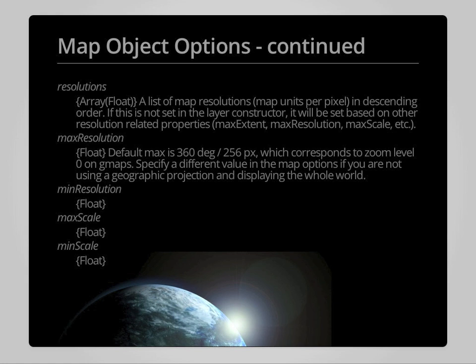This results in a default max resolution of about 1.4, which is essentially the maximum resolution that you would see in terms of essentially the entire globe fitting into one map tile in this particular instance.